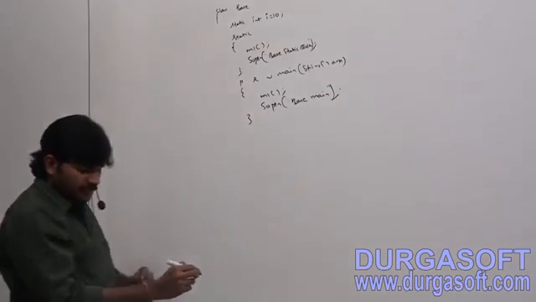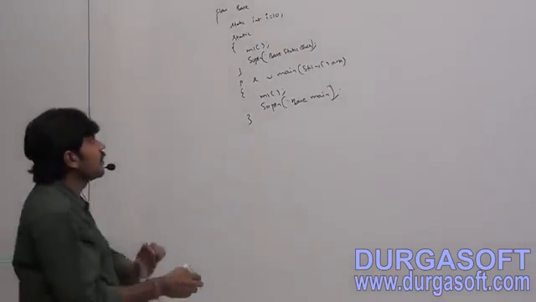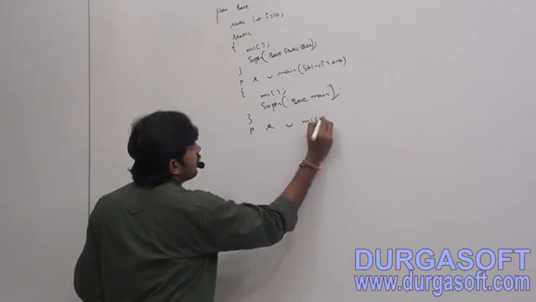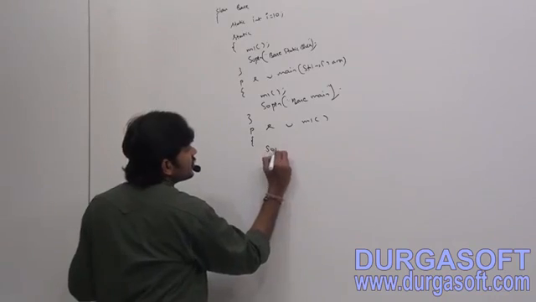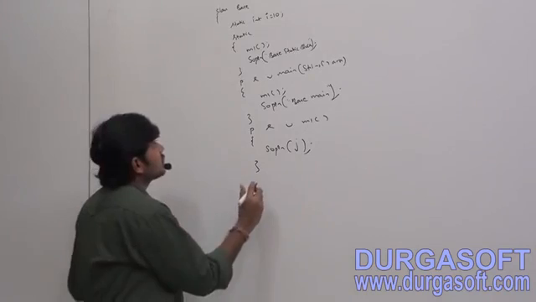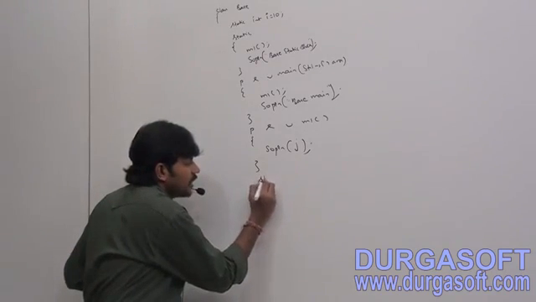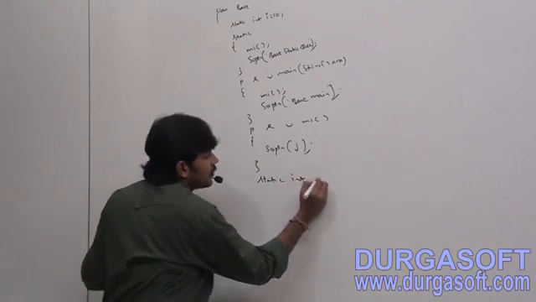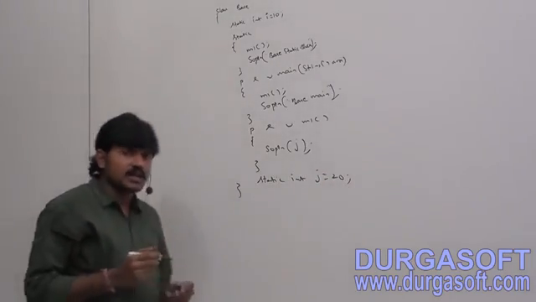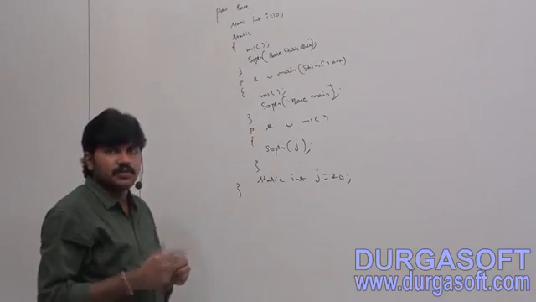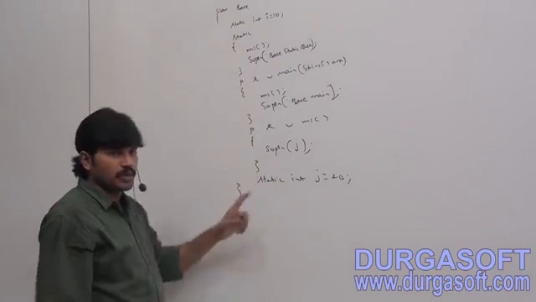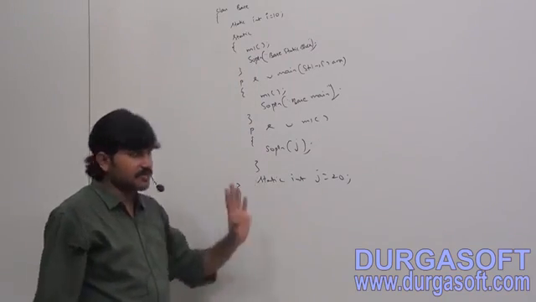Next, public static void m1 method, within that System.out.println of j. Next, static int j is equal to 20. Compared with our last example, there is only one difference: the second static block I didn't take. The remaining program is the same.